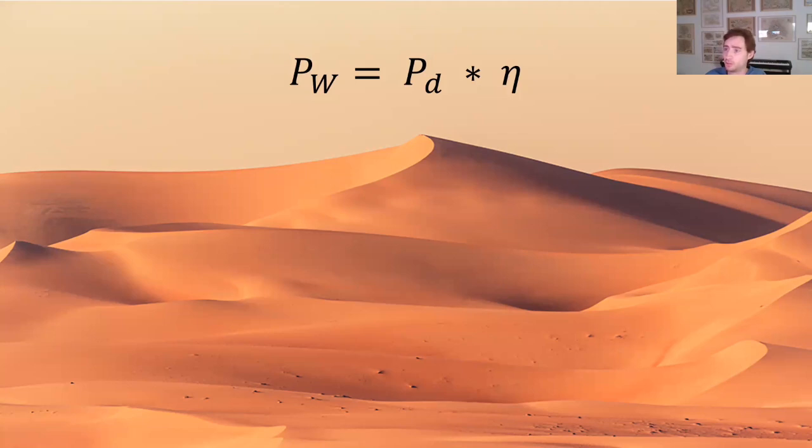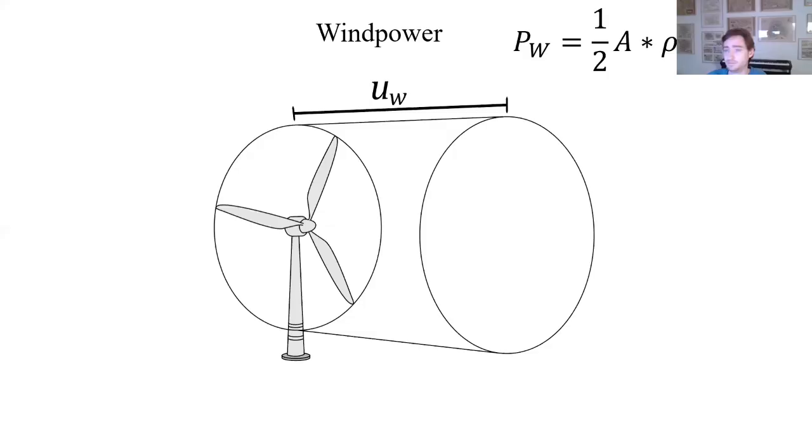The initial power balance is that the wind power, PW, is equal to the dune's power, PD, multiplied by some efficiency, right? Of course, not all of the wind power is converted into the dune's power. Some energy gets lost, and that is accounted for by this efficiency.